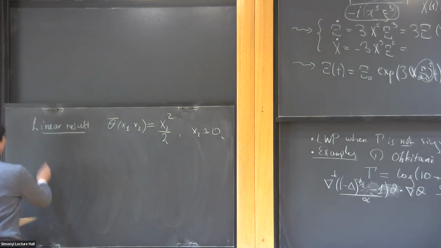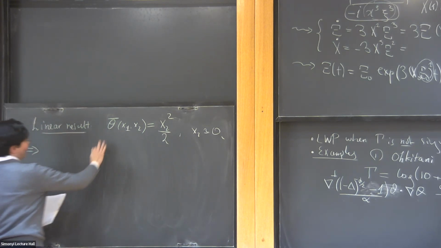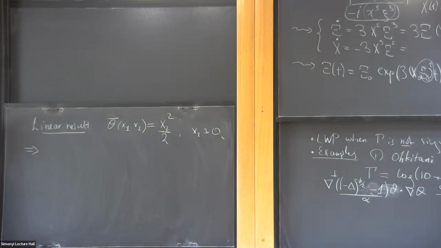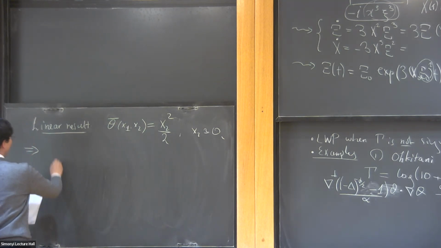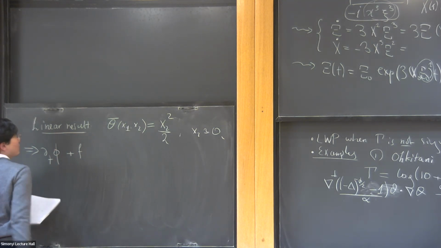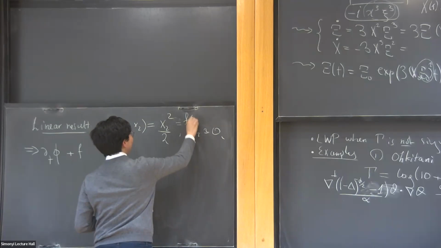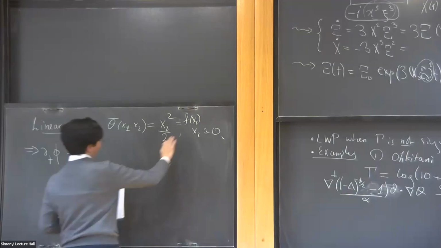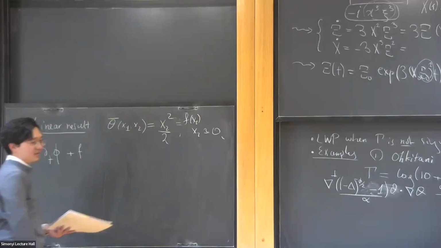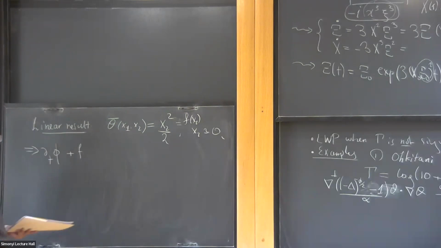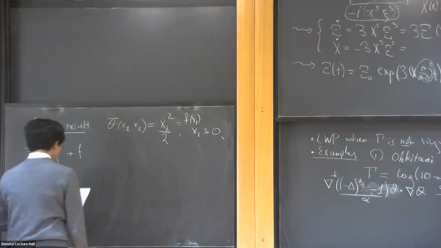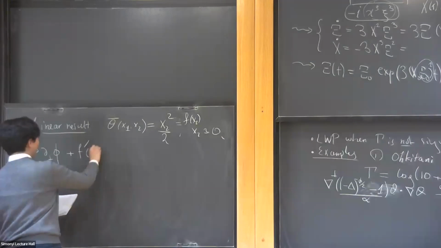And you can write down the linearized equation around this steady solution. The equation is simply, let's say this is f of x2, if you don't mind. But we want this to be degenerate. We want this to be a degenerate steady state.